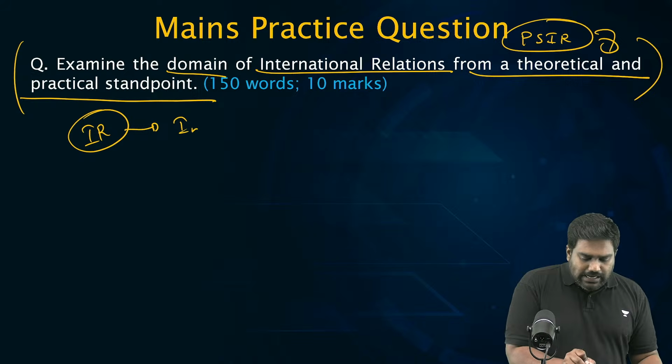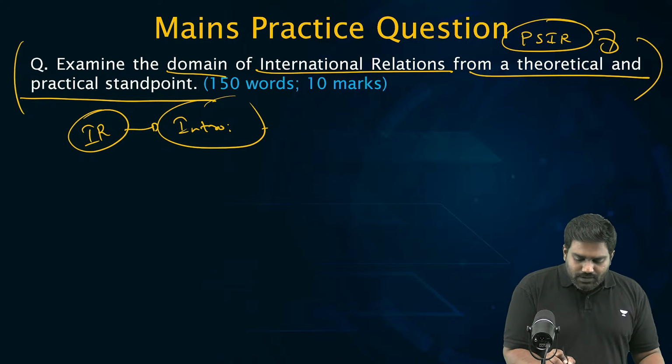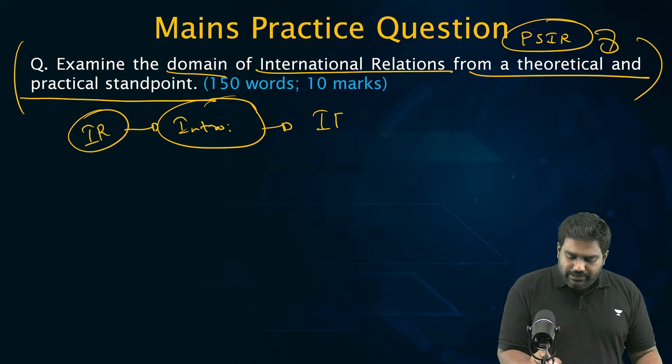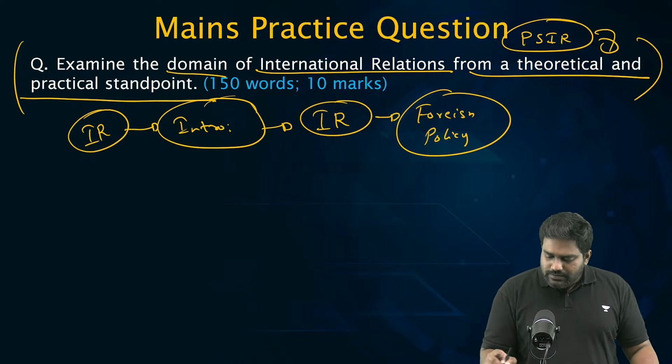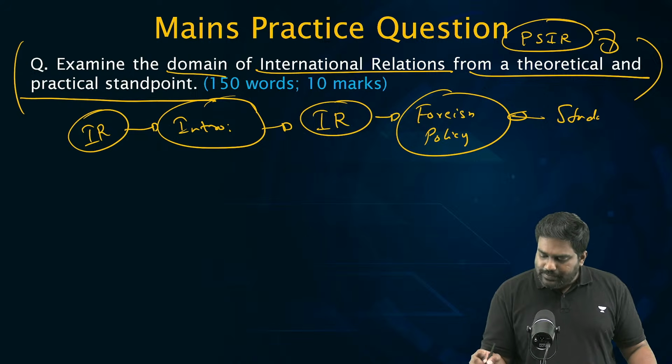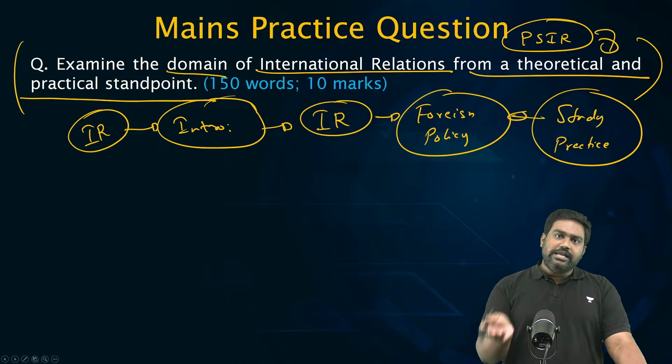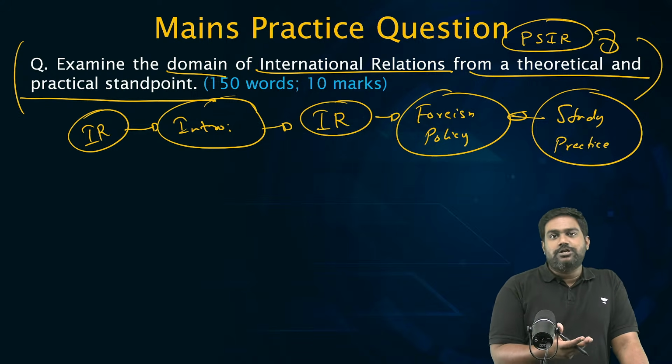So, you can start your answer with an introduction, introducing the world of international relations. You can explain how international relations is essentially the study and practice of foreign policy. It's both. Study of foreign relations is also international relations.